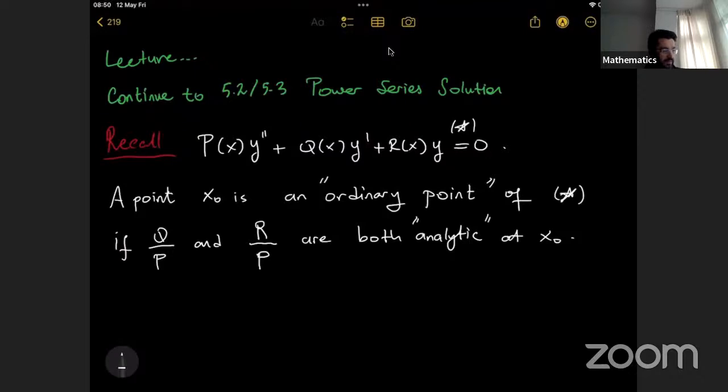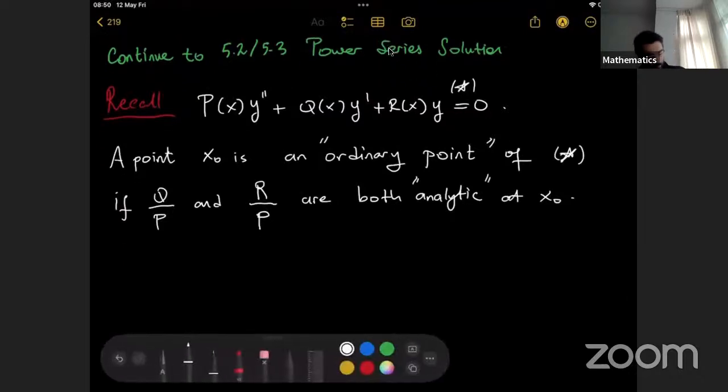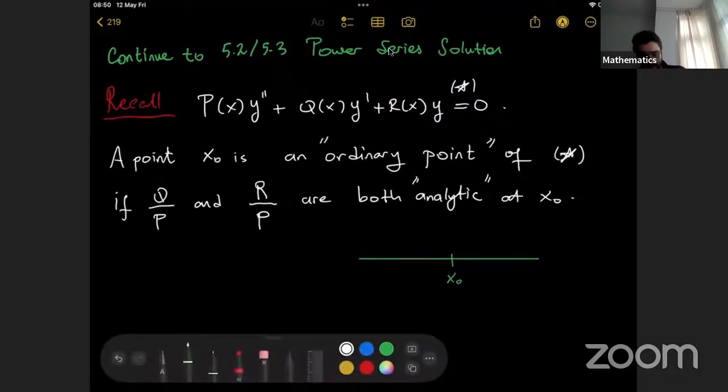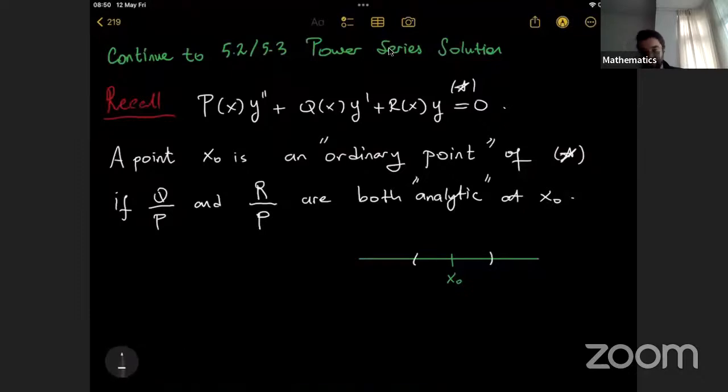Well, let's do one example with power series solution near an ordinary point, okay? So we solve the equation locally. Locally means we have a point here, let's say this is x0, and we will solve the equation in an interval containing x naught. It's like an initial value problem. So the solution may not exist on the whole real numbers, because we will have a power series.